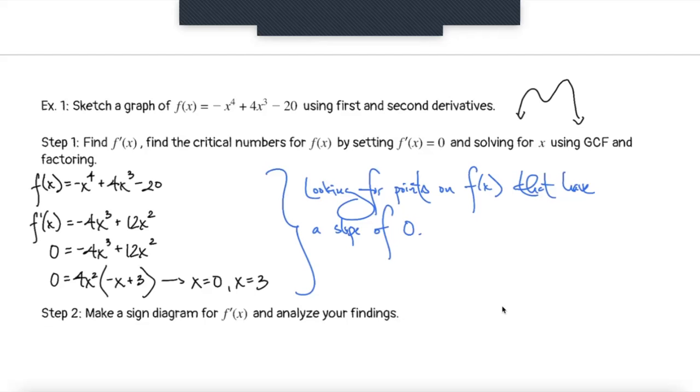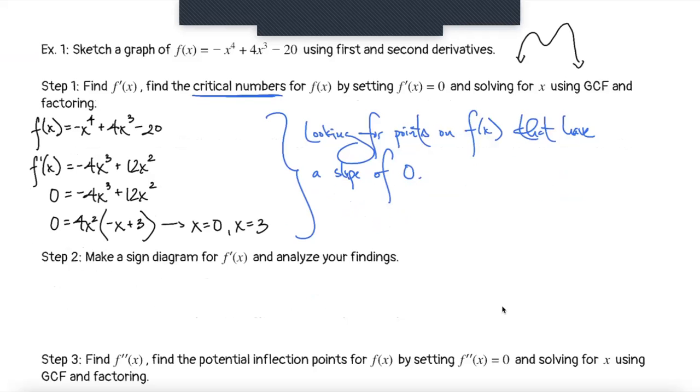And yesterday we talked about having critical points or critical numbers, so that's where that language comes from. Any questions about step 1 so far? We found 2 points that might possibly have a slope of 0.